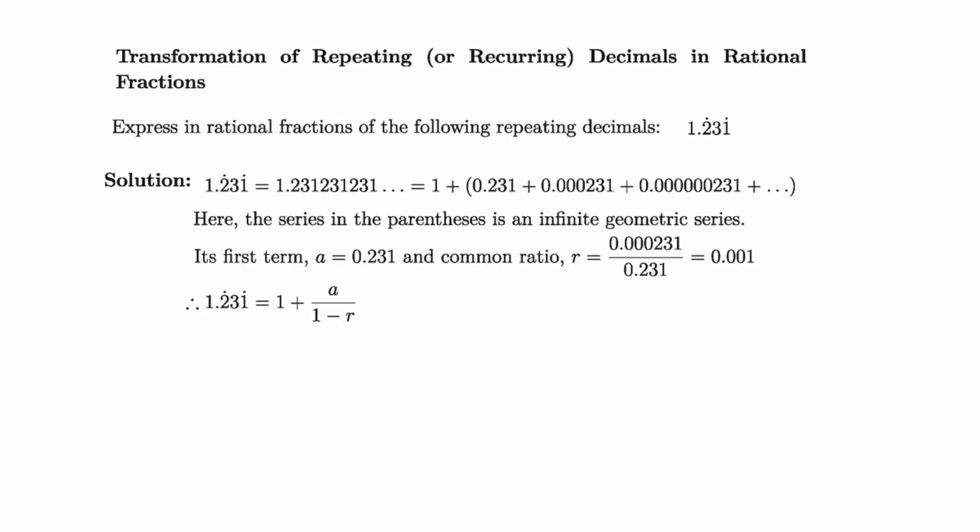Therefore, 1.231 recurring equal to 1 plus a by 1 minus r. We use the formula of sum of infinite series, that is a by 1 minus r. Now, putting the value of a and r, we get this term. After calculation, we get this. So our required answer is 410 divided by 333.